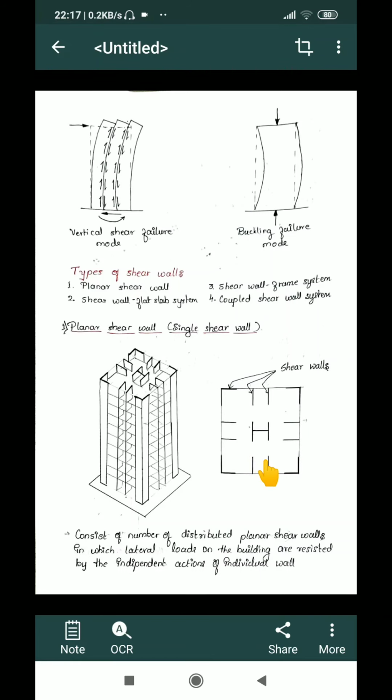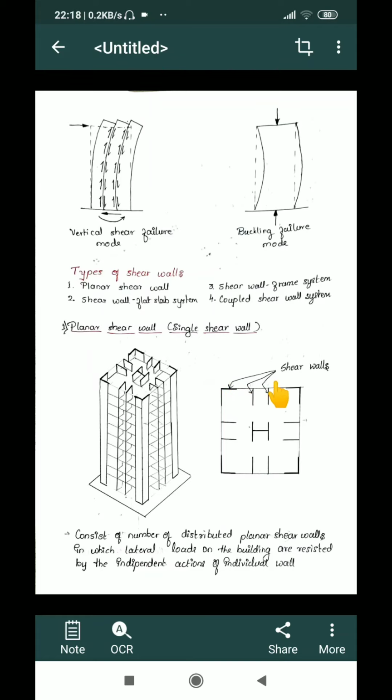So here, the distribution of shear walls, where the shear walls are to be provided and how they are to be provided, is important. Most of the time, make sure that shear walls are provided in a symmetrical manner. If I am providing a shear wall on this face, then I should provide a shear wall on the opposite face, like here.